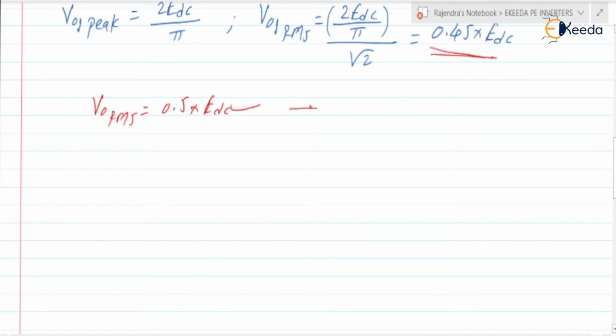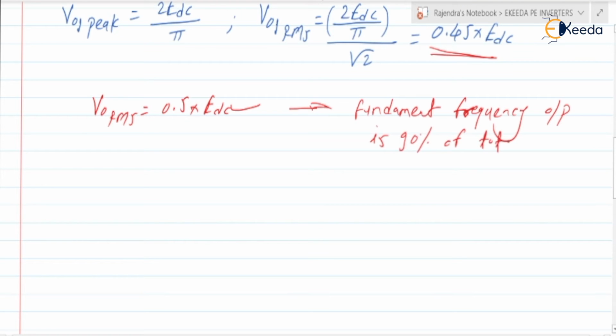So can we say that the fundamental frequency output is almost 90% of the total output? Is this clear? Because out of the 0.5 EDC, 0.45 EDC is fundamental, right?